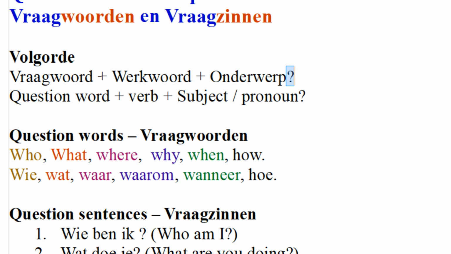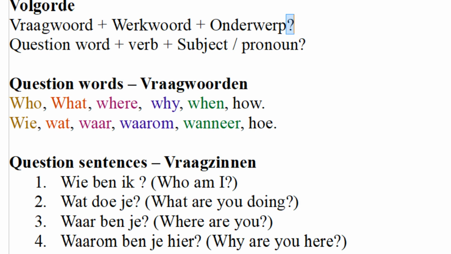So let's see what are the question words or vraagwoorden in the Dutch language. Who is wie? Wie. What is wat? Wat. Where is waar?